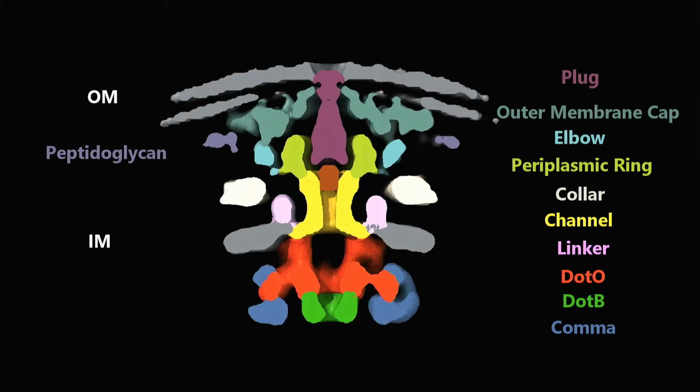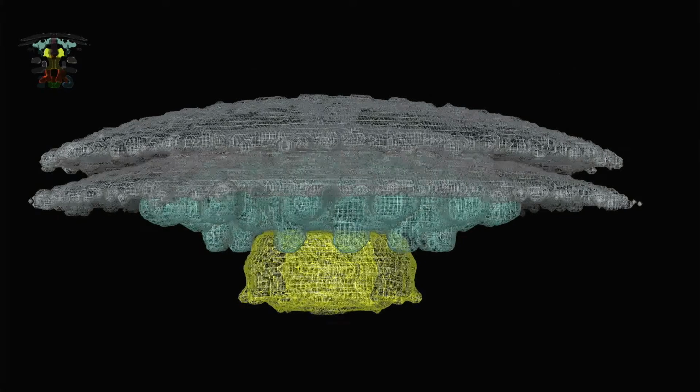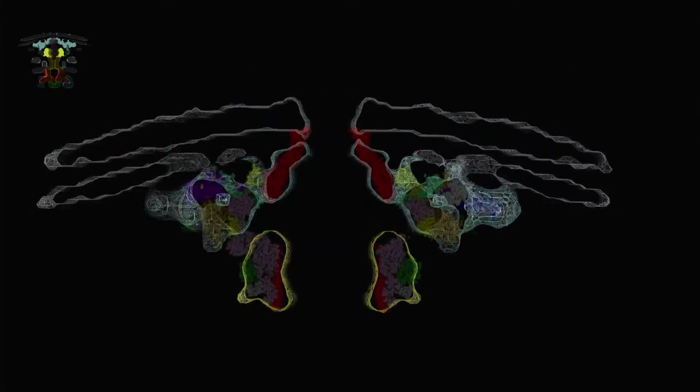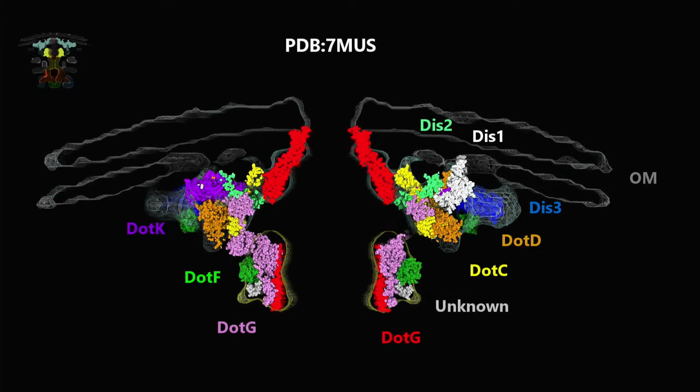Anyway, with these clues, we were able to build what we call an integrative atomic model of the whole system. And this movie just gives you a flavor for what that model looks like and the confidence level that we have. So this is Melanie Oi's single particle reconstruction of the Legionella system.